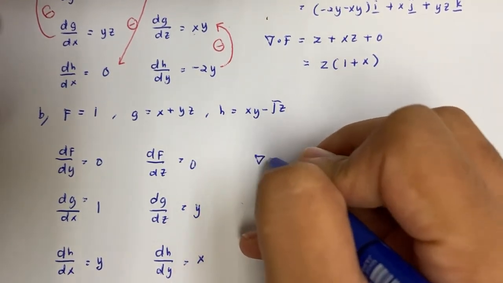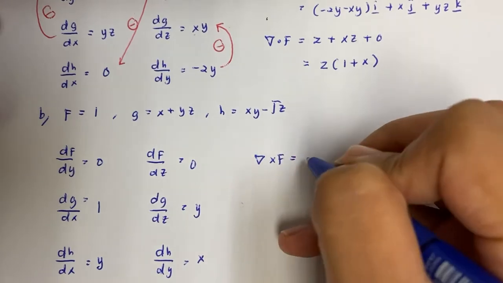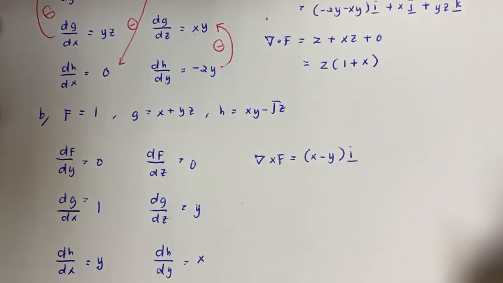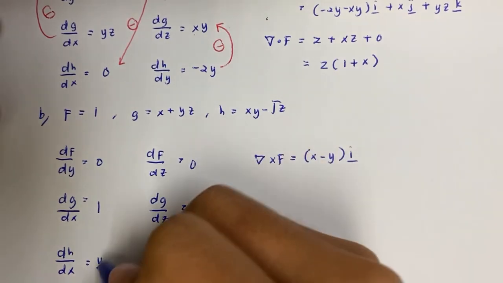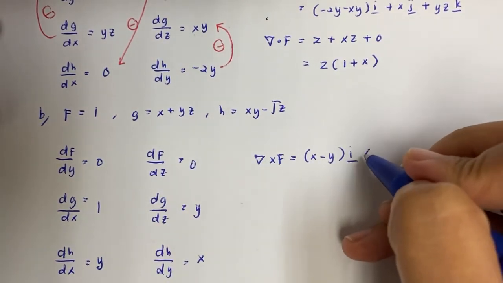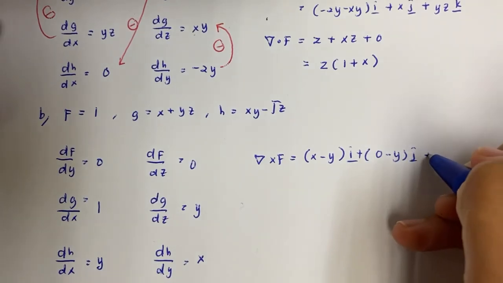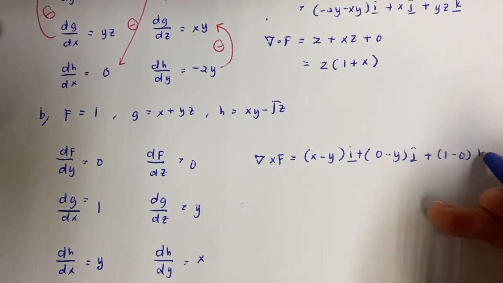So the curl is equal to x minus y i, plus minus 0 minus y j, plus 1 minus 0 k.